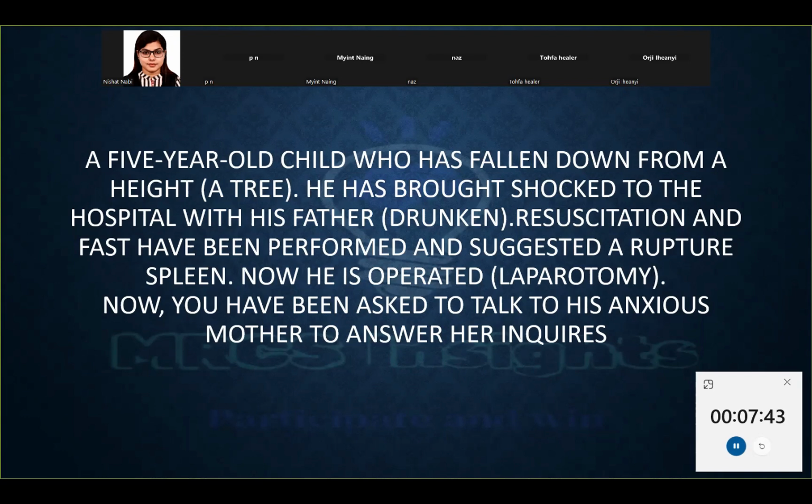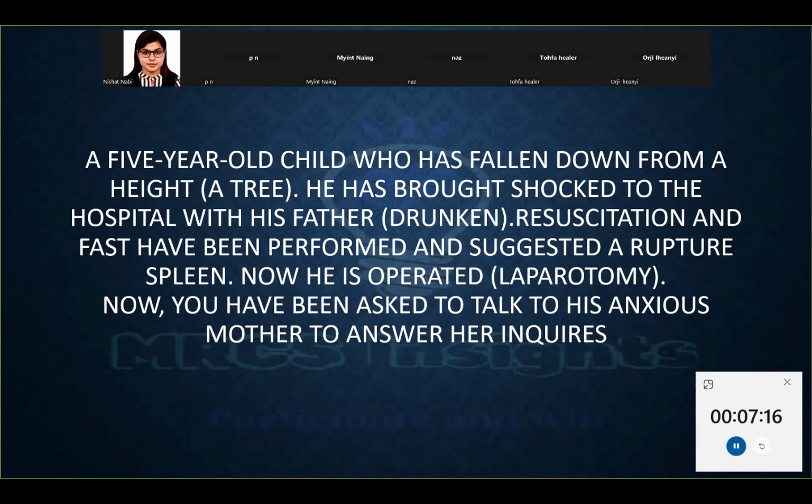Yes, we did an emergency scan, which suggests that there is a muscular organ on the left side of the tummy, called the spleen, which is injured to some extent and is bleeding. So we had to take him to the theater urgently. Doctor, is it a serious condition?